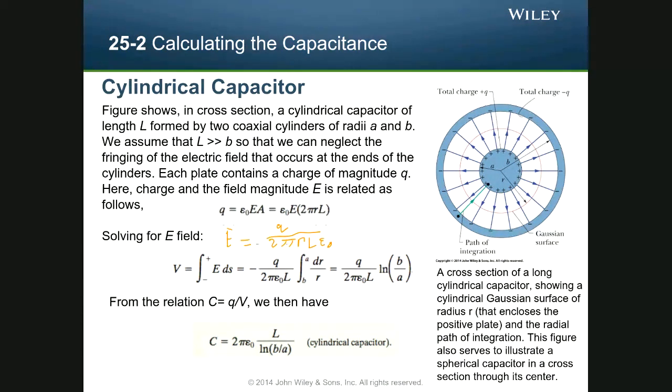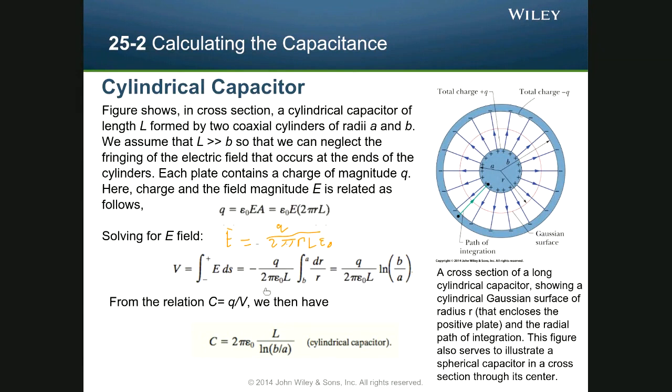Now, this is a little different than last time, because with a parallel plate capacitor, each equation could be handled separately. Now Gauss's law, in this particular case, gives us the electric field in terms of R, so we can plug it into our equation here, which is what they do.